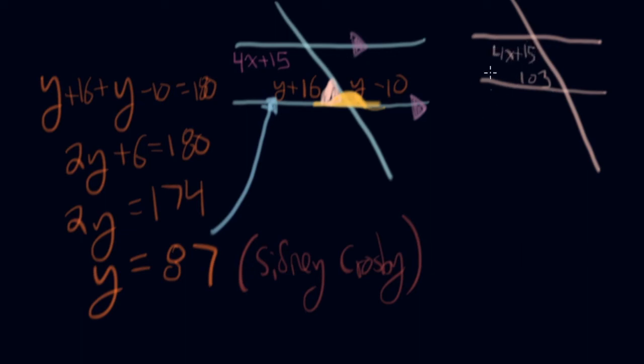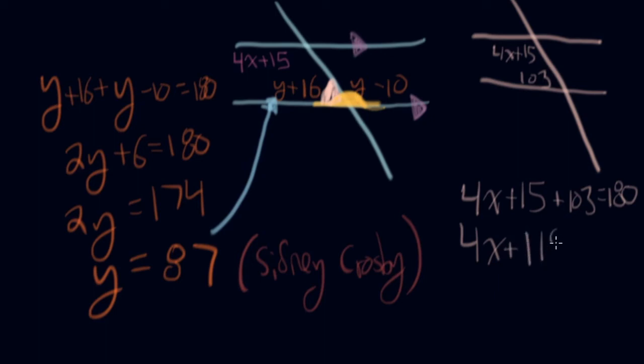Well, what do you know about those two angles together? According to transversal laws, if I add those two things together, 4x plus 15 plus 103, that has to equal 180. Awesome. So I do my math and get 4x plus 118 equals 180.